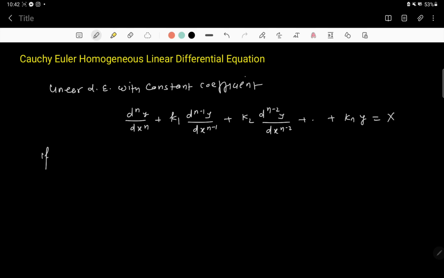If it does not have constant coefficient and is of variable coefficient type, we can say it is Cauchy-Euler's homogeneous equation.